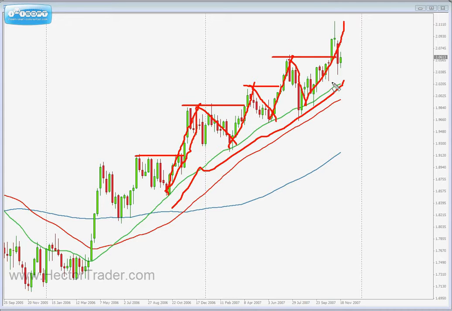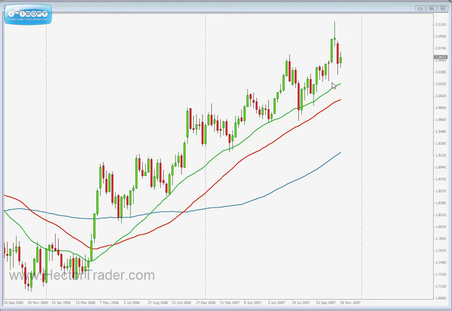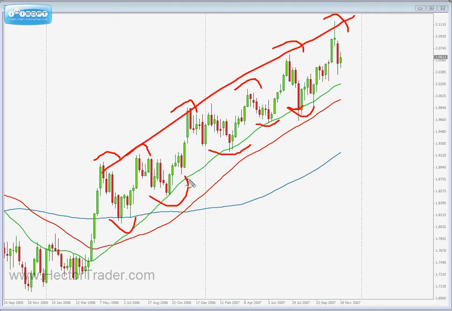Always remember, guys, that from a very basic point of view, a trend is nothing but a consecutive string of higher highs and higher lows. If you see that your chart is making higher highs and higher lows, you are basically uptrending.